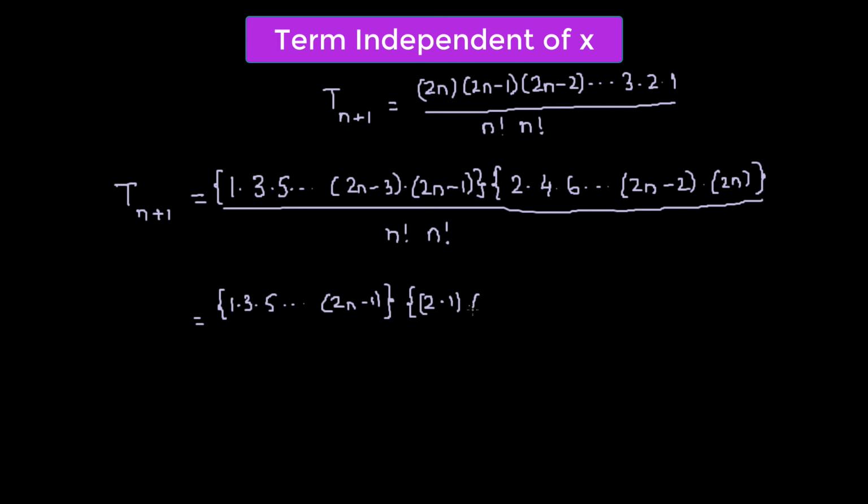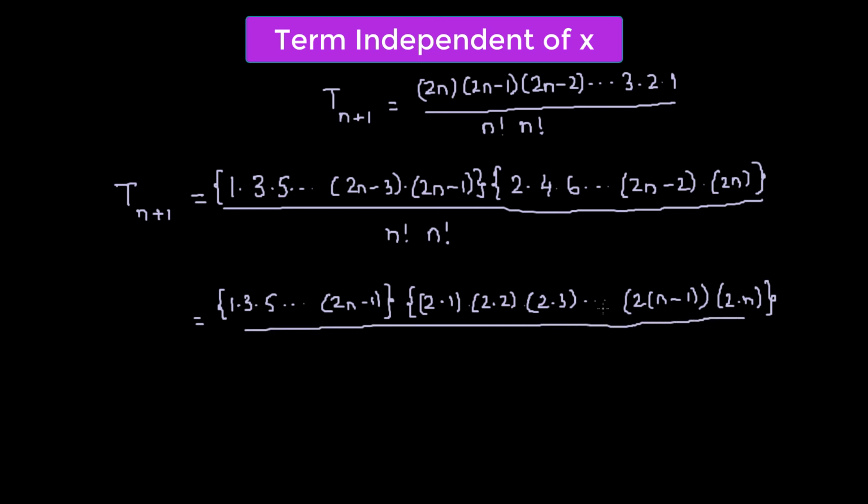Then from the second term we factor out 2, that leaves us with 2 times 2, so we have 2 times 2, and the final one would be 2 times n minus 1 times 2 times n. The entire thing is divided by n factorial times n factorial, which is equal to 1 times 3 times 5 times up to 2n minus 1.